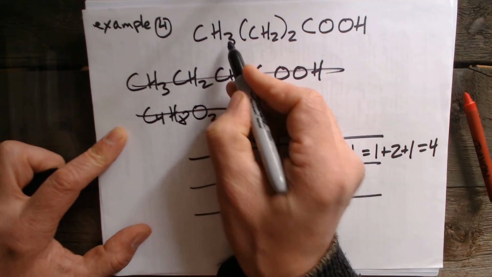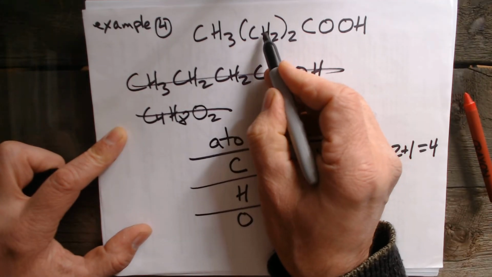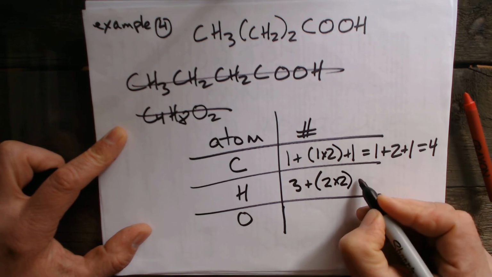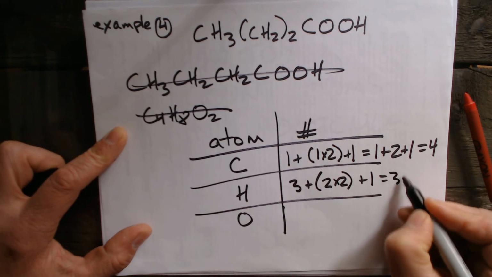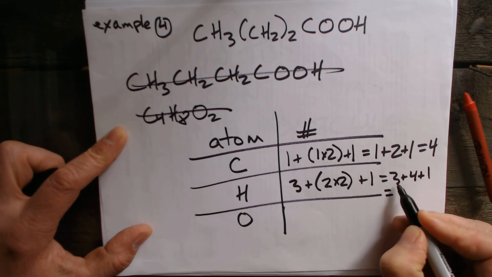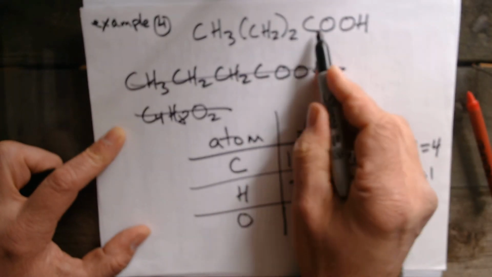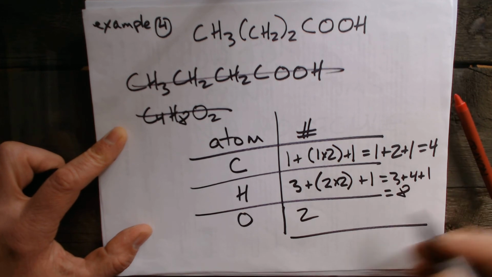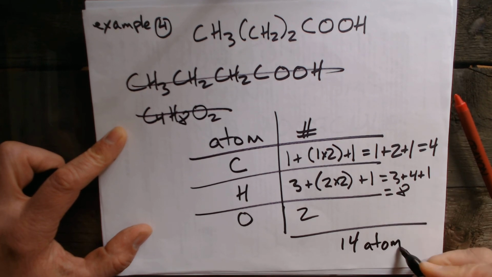There's the H3, so there's 3 of them, plus bracket, there's 2 hydrogens and 2 groups of it, so it's 2 times 2 hydrogens plus 1 more, equals 3 plus 2 times 2 is 4, plus 1 equals 8. And then finally, oxygens. 1, 2, okay, done. For a total of 8 plus 4 plus 2, that's 14 atoms. Done.